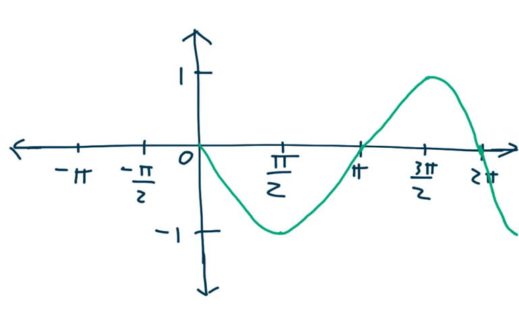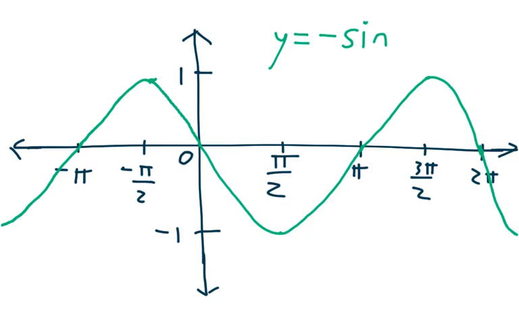Over here, you're going to go up to get 1 at -pi over 2. You're going to come down to 0 at -pi, and basically the pattern keeps on repeating. So this is what y equals negative sine of x is going to look like.